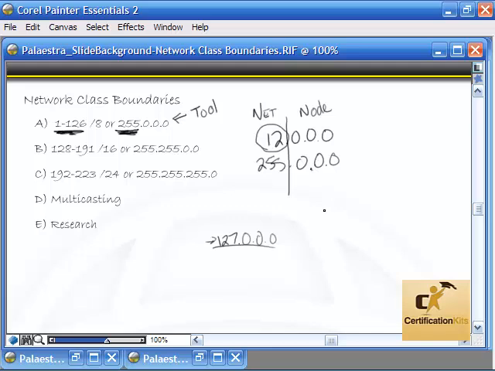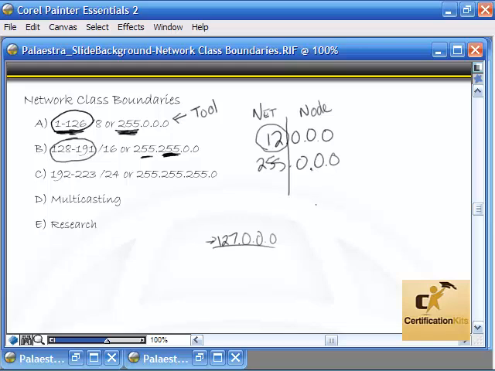So if the number is between 1 and 126, we know that is a Class A address. If the number is between 128 and 191, it's a Class B. But check out the subnet mask for a Class B, 255.255. So if we have a Class B, we've got a bunch more combinations of zeros and ones.